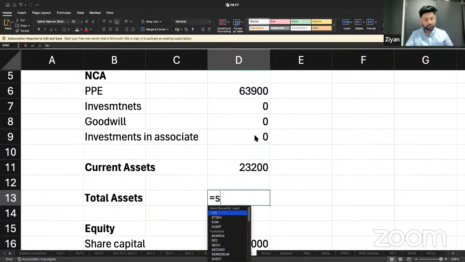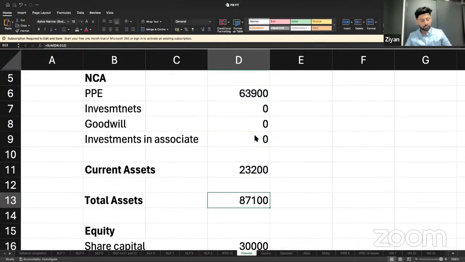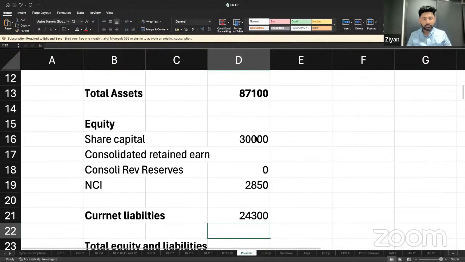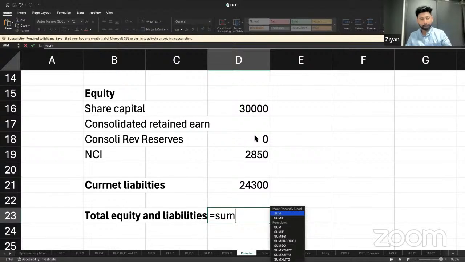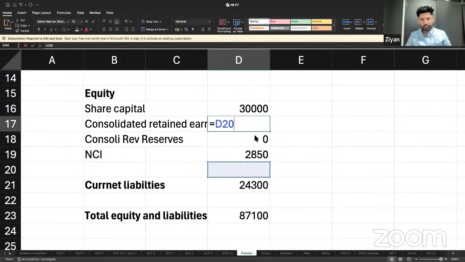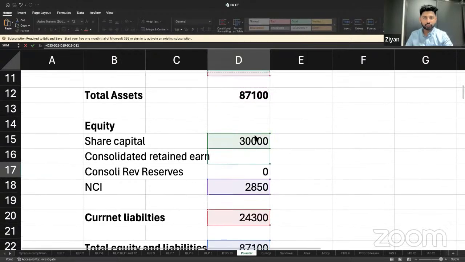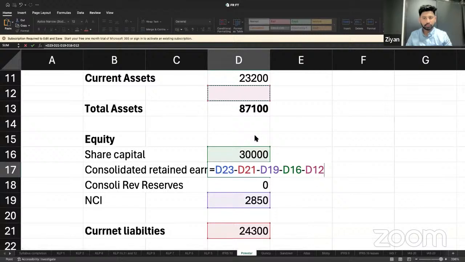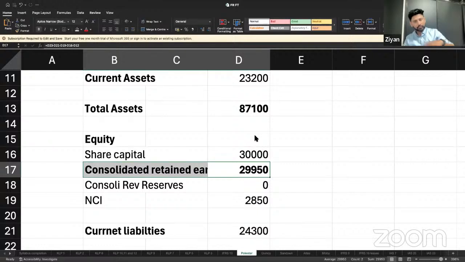Can we balance? 87,100. Equals 87,100 minus 24,300 minus 2,850 minus 30,000 minus 30,000. 29,950 is my consolidated retained earnings.